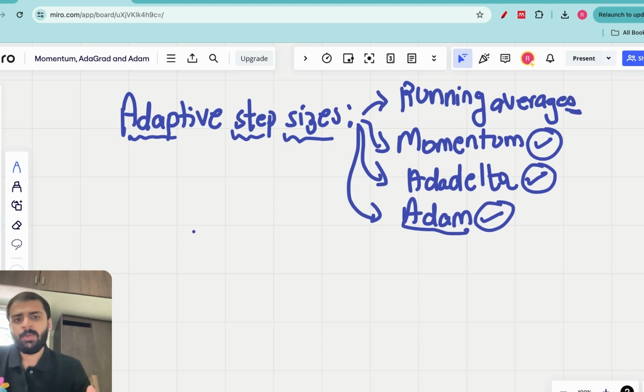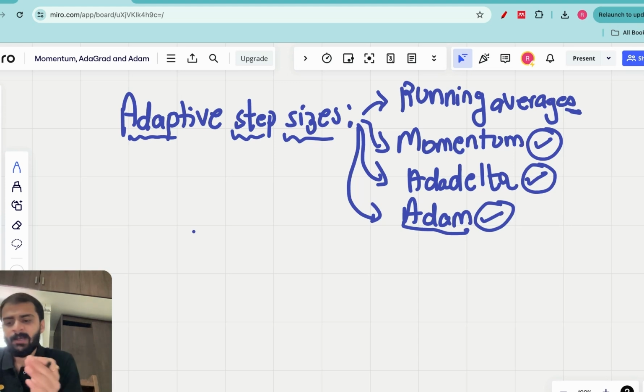So before coming to running averages and understanding it, let me first motivate why we need adaptive step sizes in the first place. If we have a fixed step size, then it turns out that gradient descent proceeds in a very slow manner, and it's not the most ideal thing to do. The reason is because in backpropagation, at each layer and for every different weight matrix, when we are taking derivatives with respect to the loss, different matrices accumulate together.